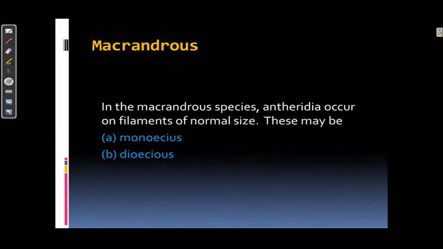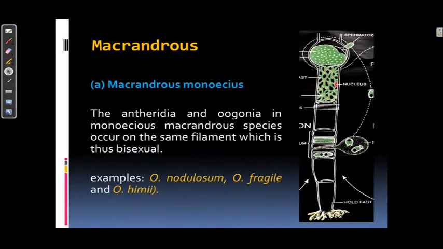Students, in macrandrous species, the male and the female filaments that bear the male and female gametangium are similar in structure. We cannot distinguish them. The condition could be monoecious or dioecious. Here you can see the picture.